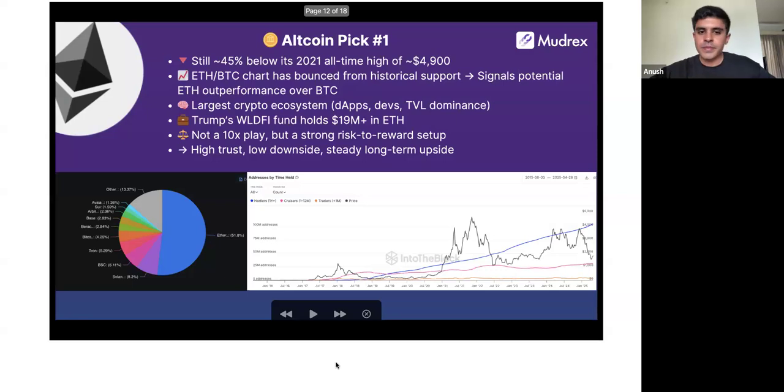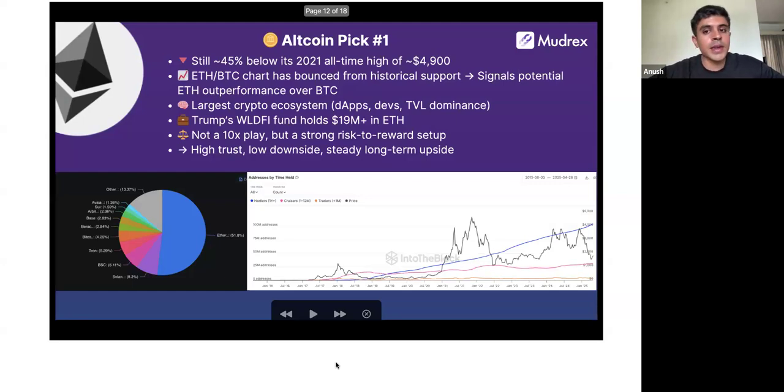Now, to be clear, you're probably not going to get a 10x or maybe even a 5x from Ethereum. And that's totally okay. Its market cap is already massive, and expecting crazy multiples from here would be unrealistic. But that's not the point. What you get with ETH is a strong risk to reward setup. It's got depth, it's got liquidity, adoption, and institutional support.